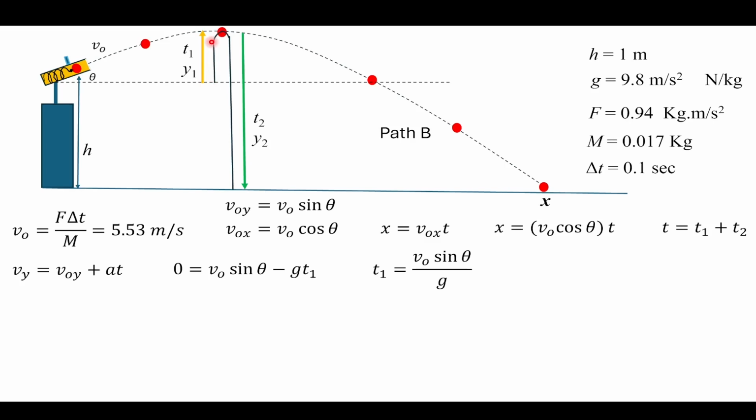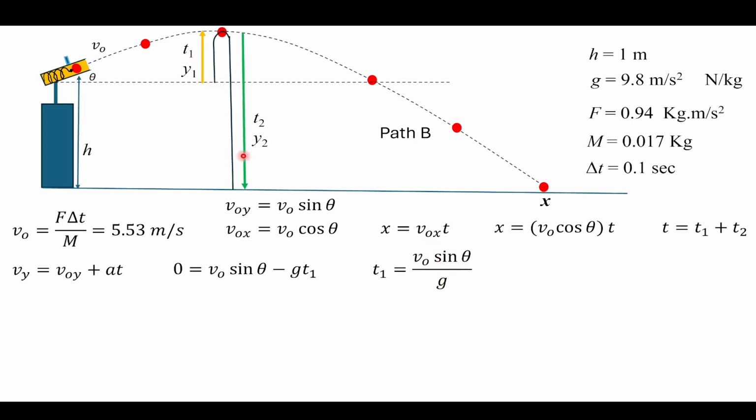And the gravity is pulling it downward, the opposite direction of the travel, with acceleration minus g, multiplied by the time, t1. t1 is the time to reach the maximum distance upward. So if I solve for t1, t1 will be just v0 sine theta divided by g. Okay, so I found t1.